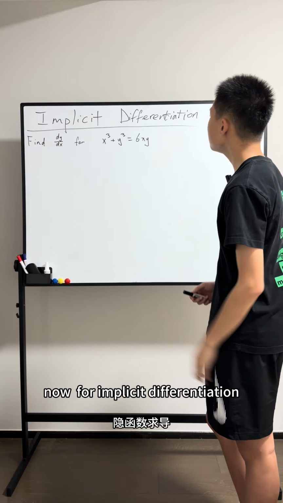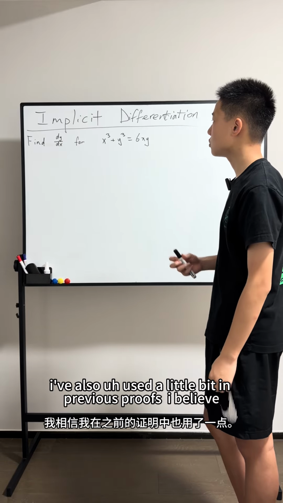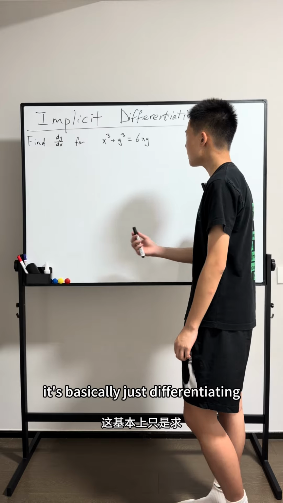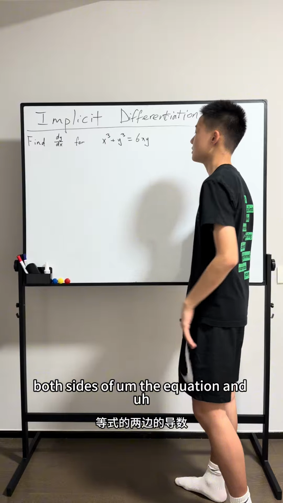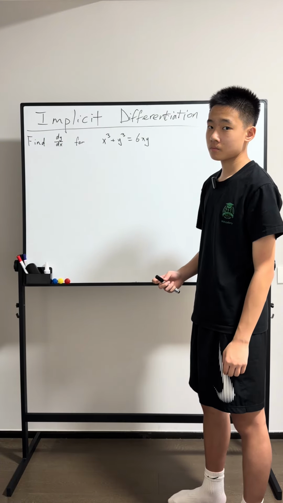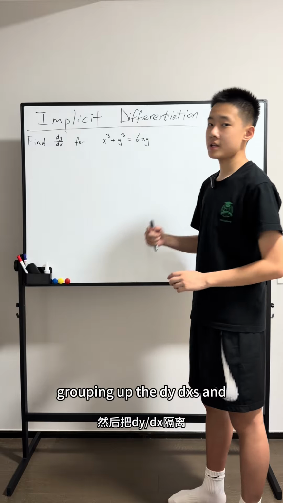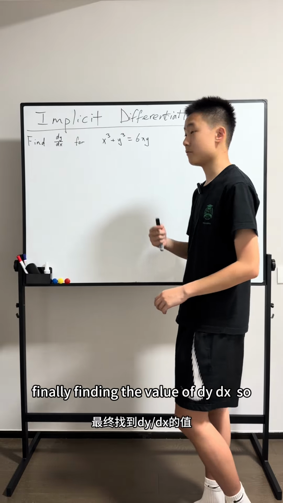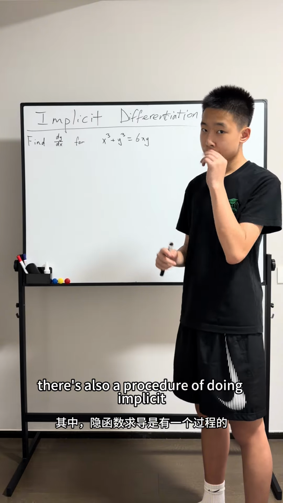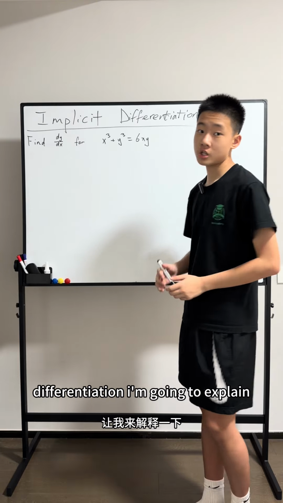Now, for implicit differentiation, I've also used it a little bit in previous proofs, I believe. It's basically just differentiating both sides of the equation, grouping up the dy dx's, and finally finding the value of dy dx. There's also a procedure for implicit differentiation that I'm going to explain.